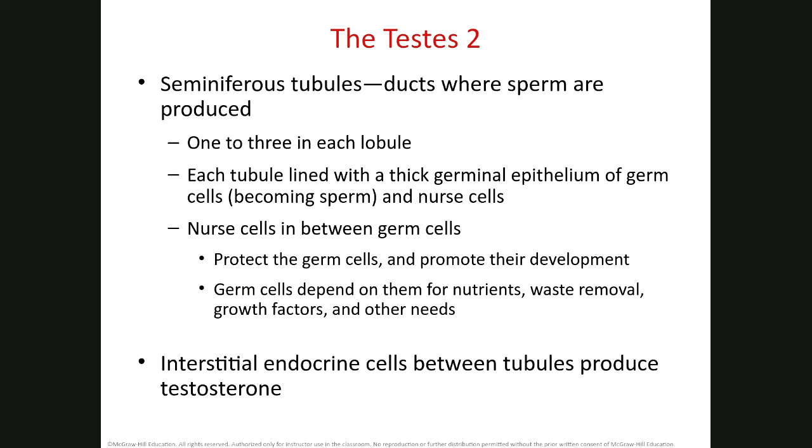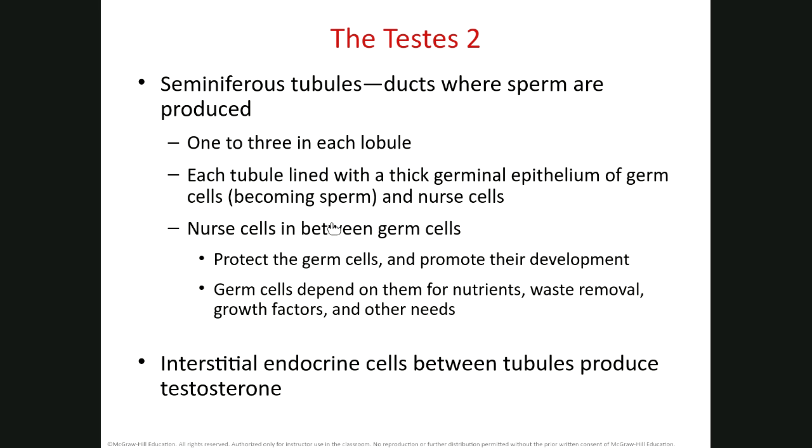The testis has seminiferous tubules, small tubes, so we call them tubules. This is where the sperm are produced. Each tubule is lined with thick germinal epithelium. Germinal means that's where the beginning cells are.